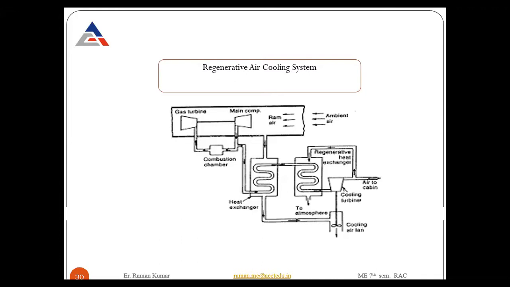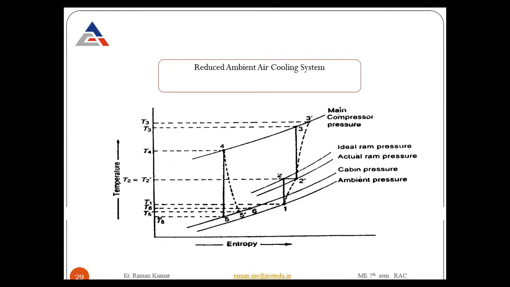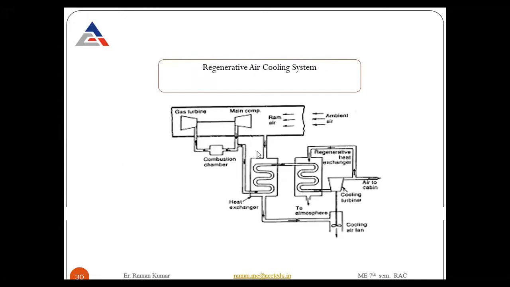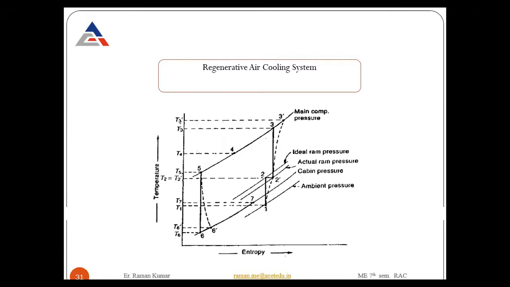That will be equal to M1 Cp into T4 minus T5. So look at here, this T4 minus T5 is passing through this regenerative type heat exchanger. So in this case, you can calculate the value of M2.